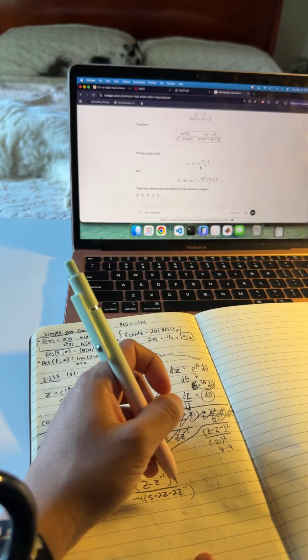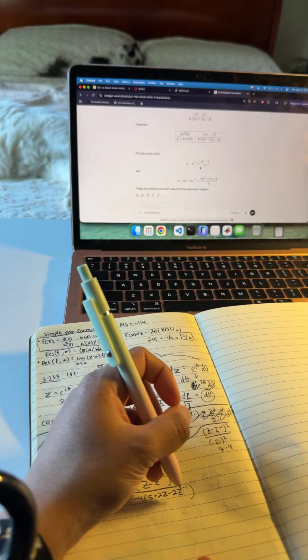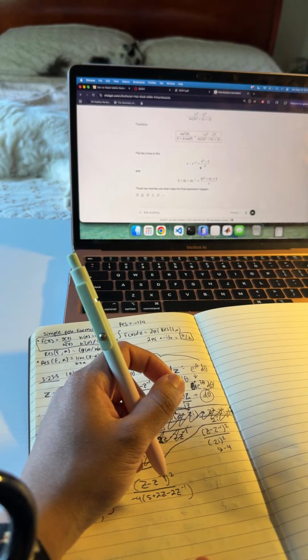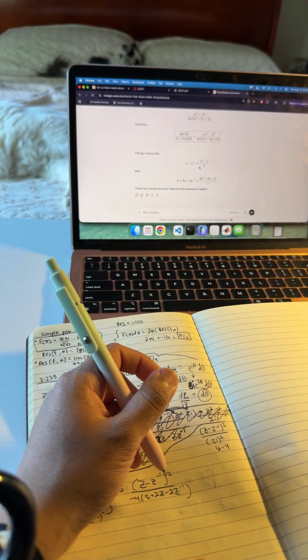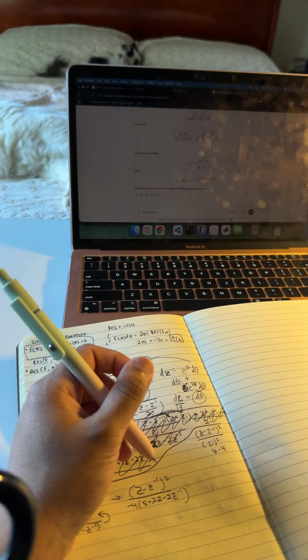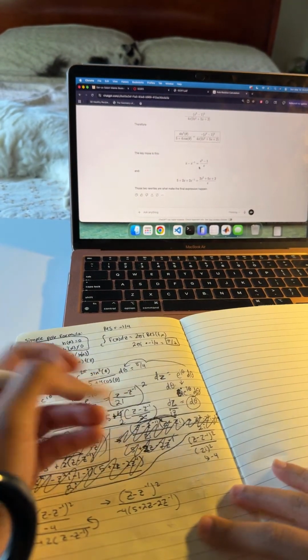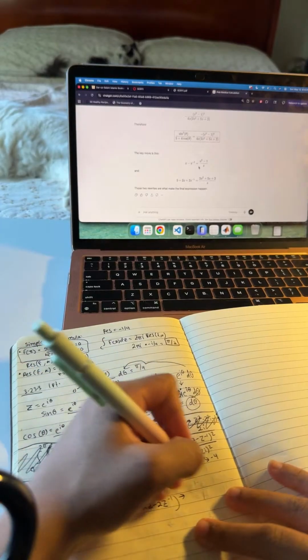So you just multiply everything by 1 over z, or multiply everything by z over z, because that's just one. We're just using tricks here.